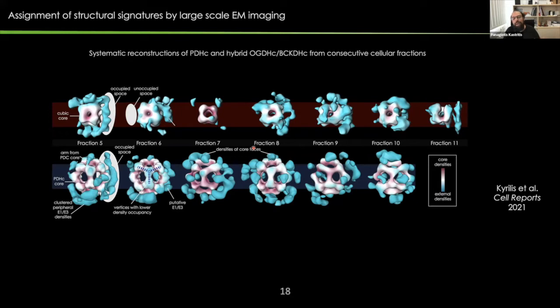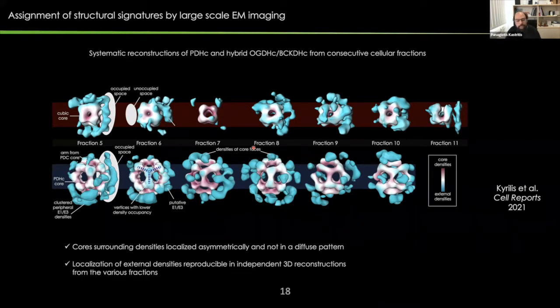But how all of these come together in these megadalton assemblies, 10 megadalton in the case of the icosahedral molecule and 4 megadalton in the case of the cubic molecule, was not reported. And we can see this clustering outside the cores. As you can see, this clustering is more or less seen across our reconstructions from the different fractions.